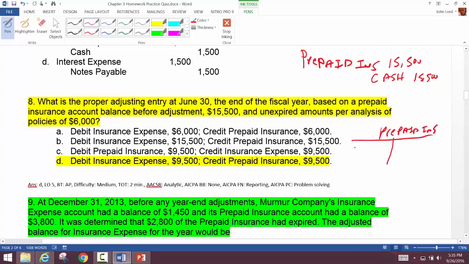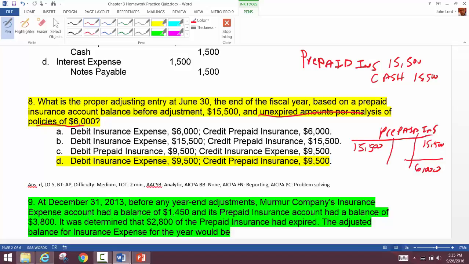Prepaid insurance, they debit that $15,500, and that gives us a balance here of $15,500, right? With me so far? Okay. And then they count up and they see that there is what? Unexpired amounts of $6,000. So that means the balance in here should be $6,000, right? So if I have $6,000 left in there, some amount has expired, hasn't it?